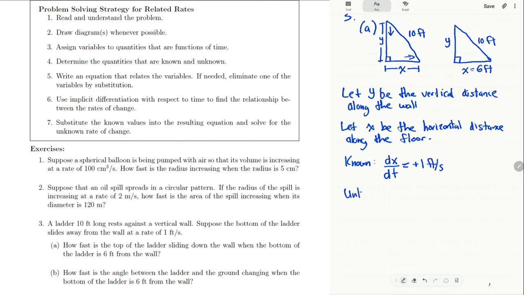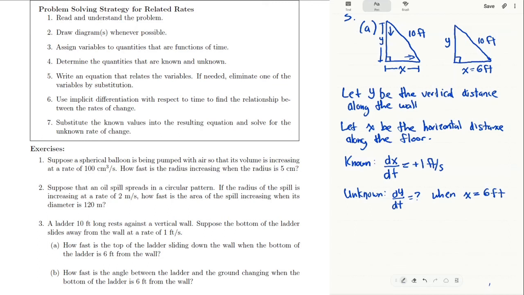Now what we're looking for is how fast the top of the ladder is sliding down the wall. So as a rate, that is dy over dt when x is 6 feet. So now let's write an equation that relates our given quantities in the left picture.